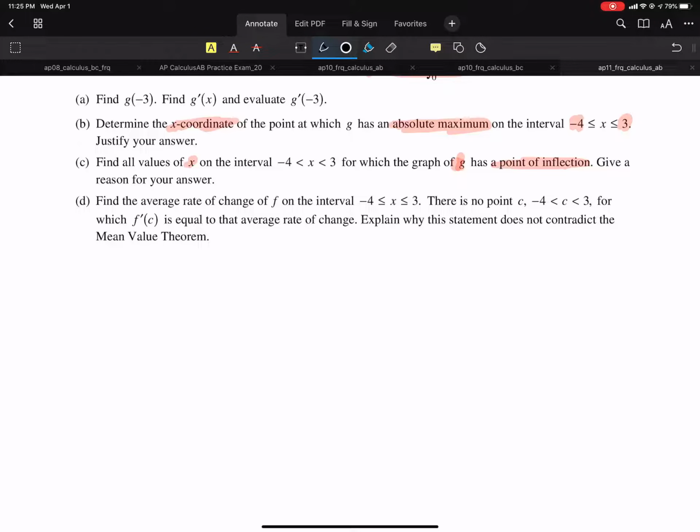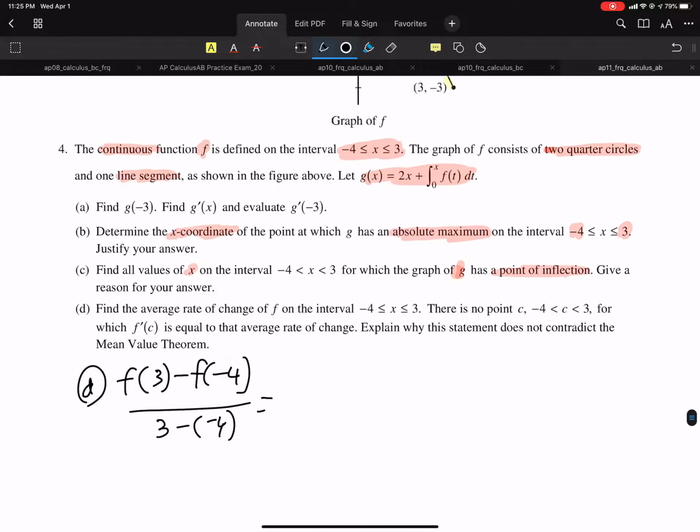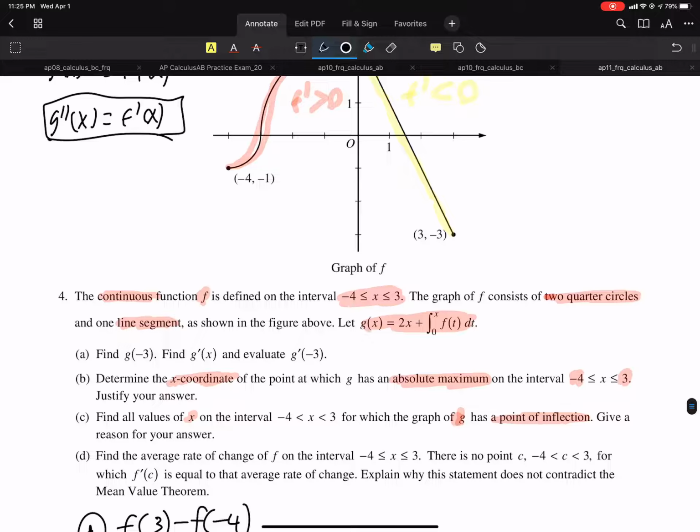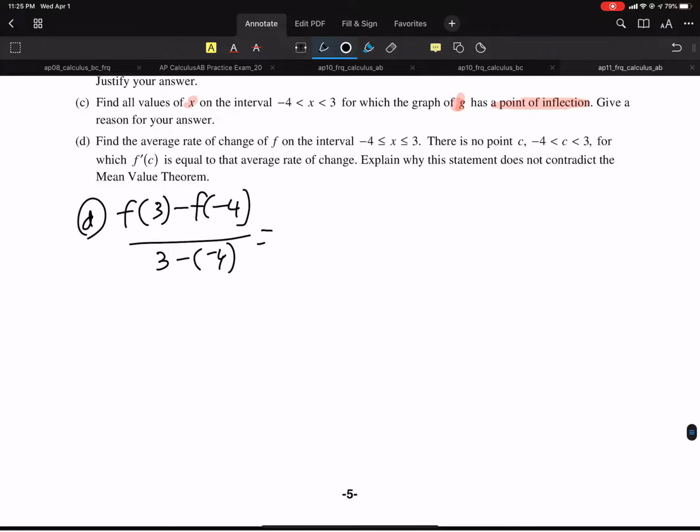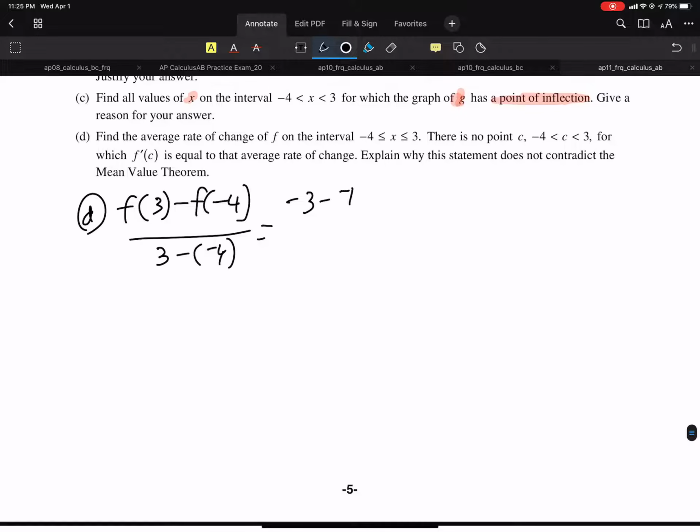The average rate of change on the interval, we have to find that. So part D, that's pretty easy. Average rate of change is f of b minus f of a over b minus a. So f of 3 we see is -3, and f of -4 is -1, so it's -3 minus -1 over 7.